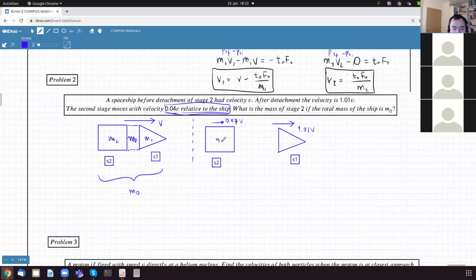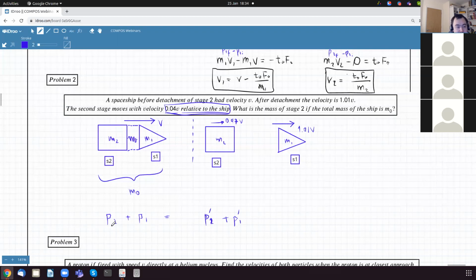So the total momentum before, so P2 plus P1 before equals P2 dash plus P1 dash.